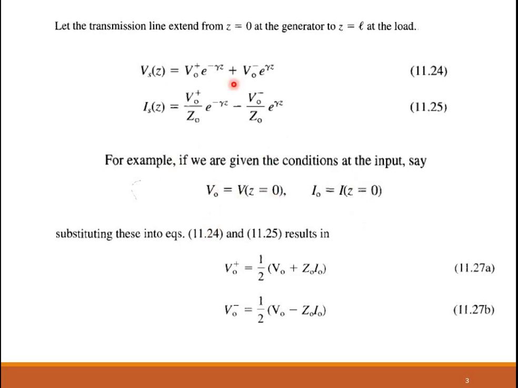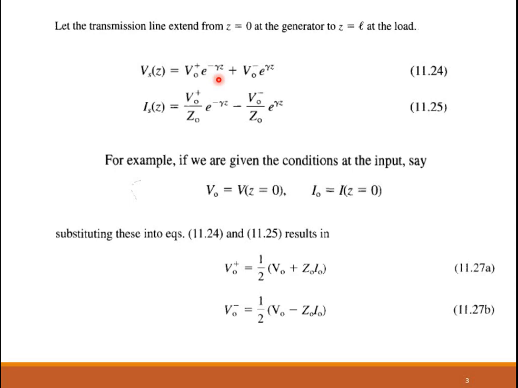I'm assuming that my transmission line extends from z equal to 0 to z equal to L. Z equal to 0 is your generator end, the starting point. There I am assuming that V at z equal to 0 is equal to a capital V, and I at z equal to 0 is equal to I. Now I'm going to substitute this condition into this equation. When you consider the point z equal to 0, what will your gamma z be? This is the starting point of the line.